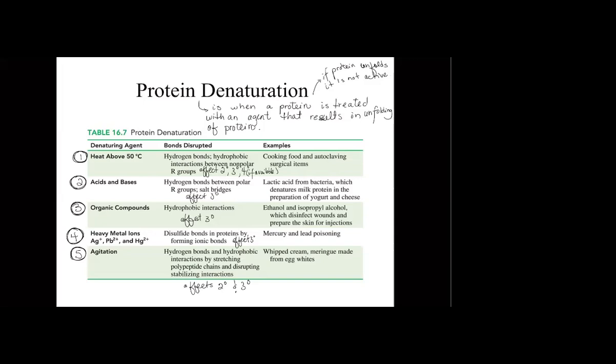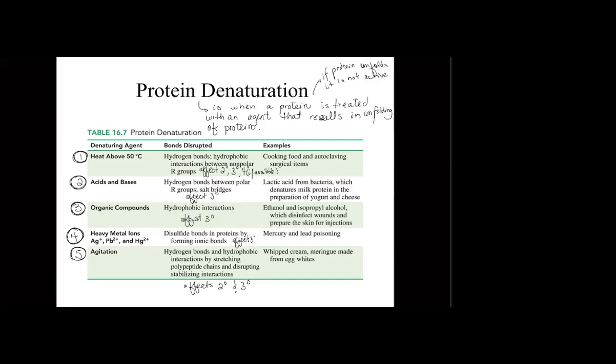That's why, for example, the first treatment, heating above 50 degrees Celsius, or agitation, since it affects secondary, will affect the tertiary and quaternary structural levels of a protein if available. If not available for that protein, then it won't be affected.